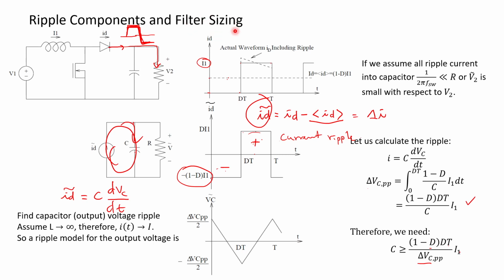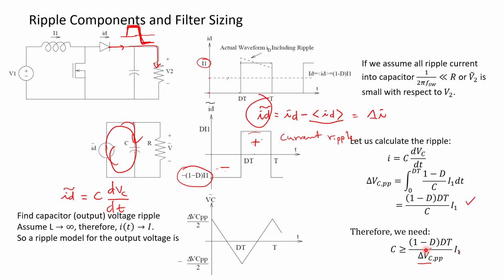Filter sizing means when you choose the capacitor and the inductor, you need to choose the ripple delta VC, which means how much voltage you allow to go up and down on the capacitor. So the designer decides to choose. All right. So from this equation, you get C supposed to equal to this, right?